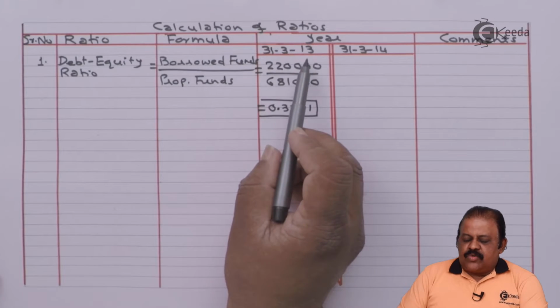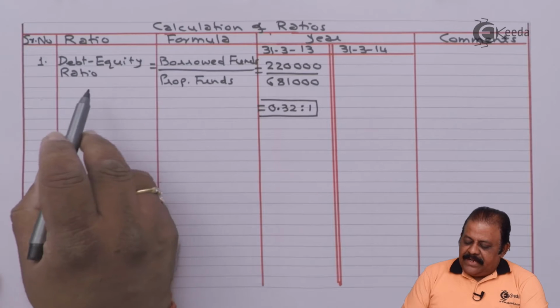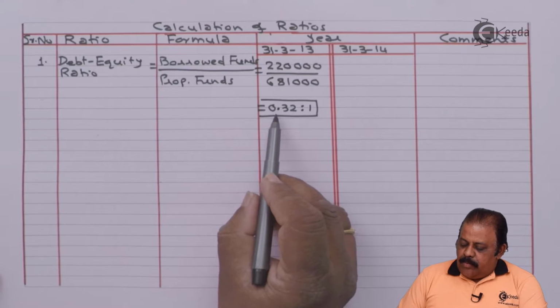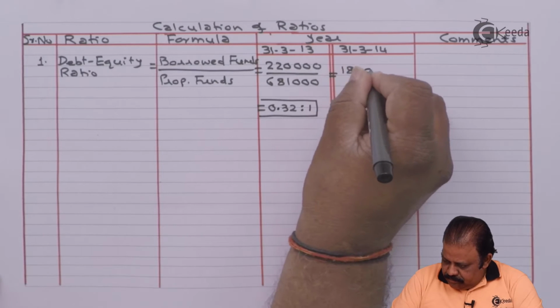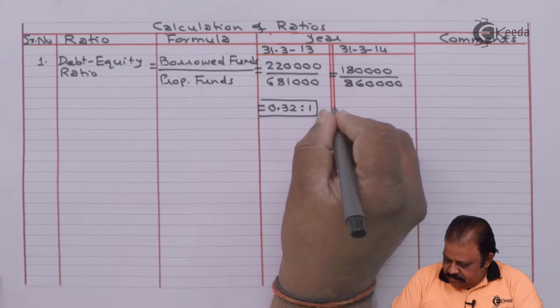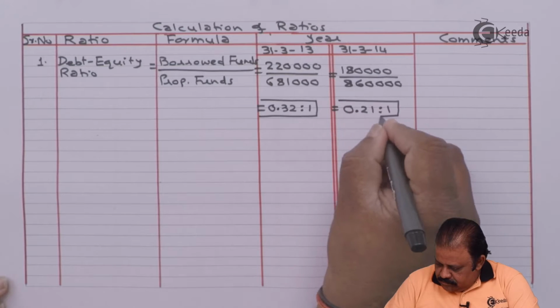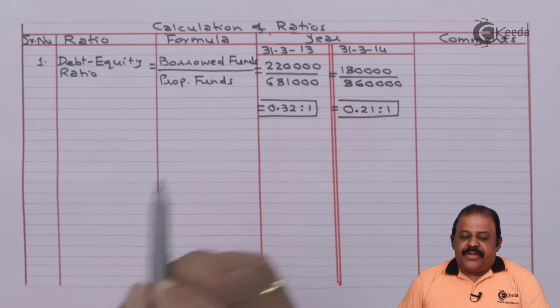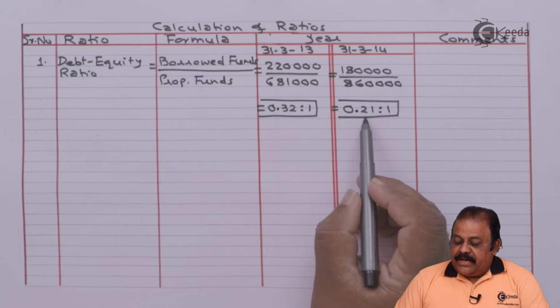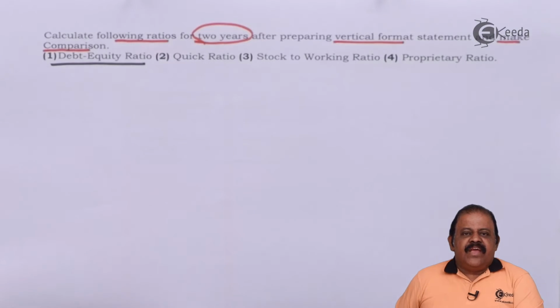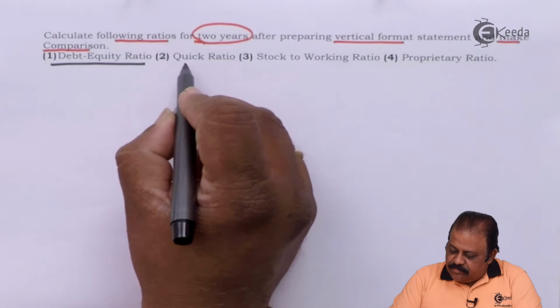For 31st March 2013, debt equity ratio we got 0.32:1. For 31st March 2014, debt equity ratio is 0.21:1. Next we have quick ratio.